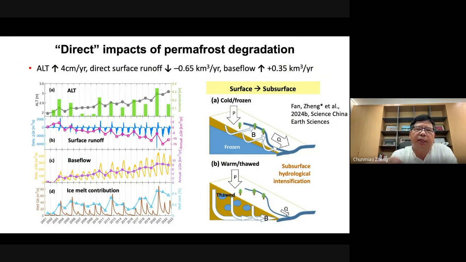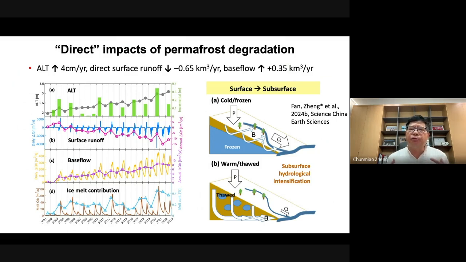So we look at what happened with this permafrost degradation. Essentially, the active layer thickness will increase by about 4 centimeters per year, and that will lead to a direct surface runoff decrease of about 0.65 cubic kilometers per year.